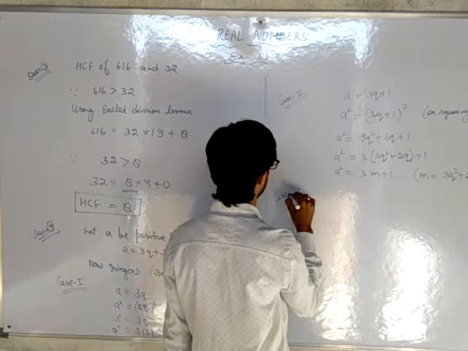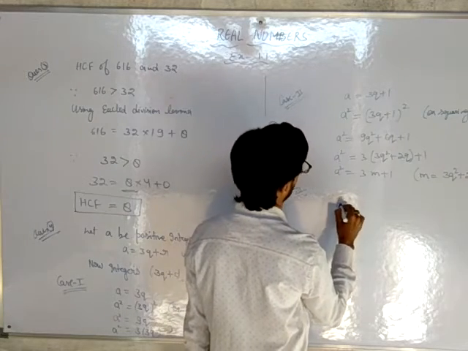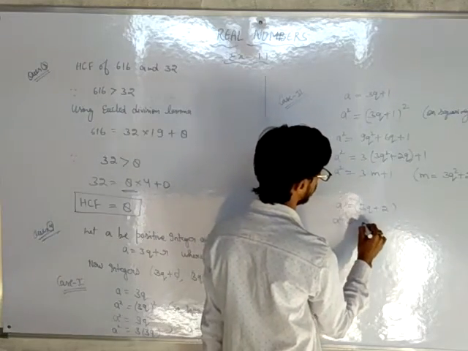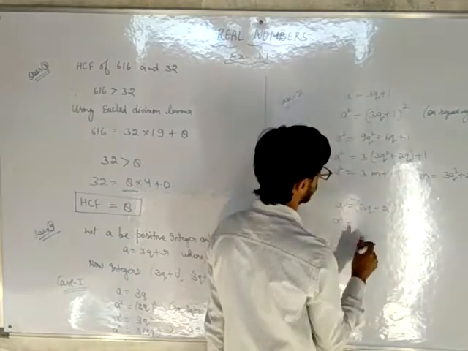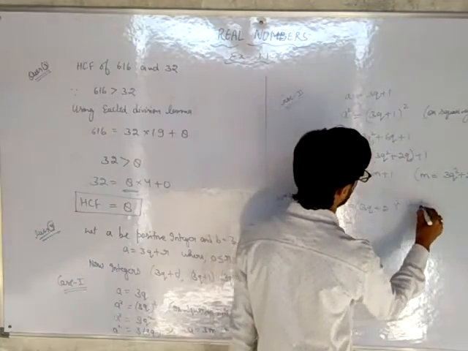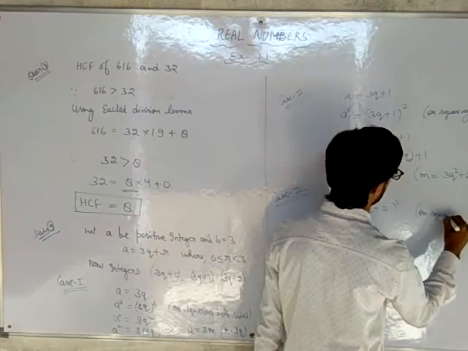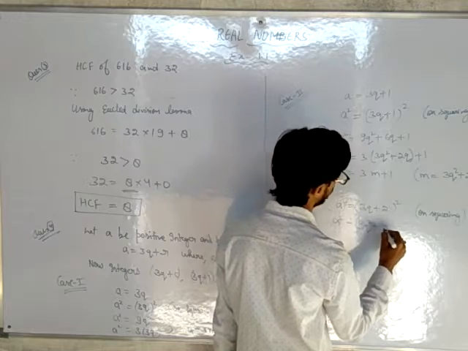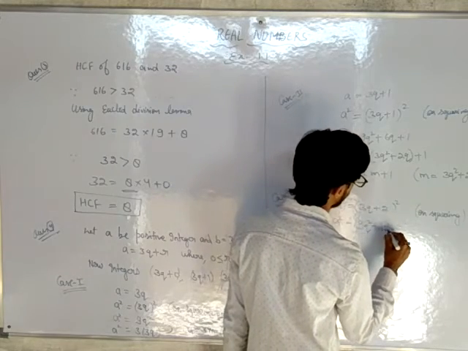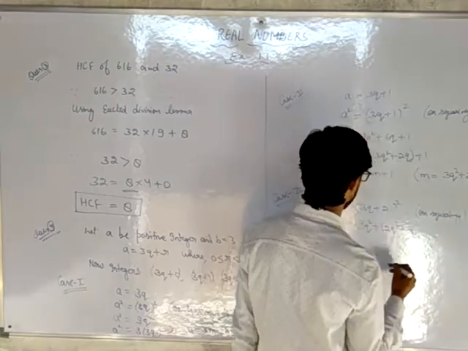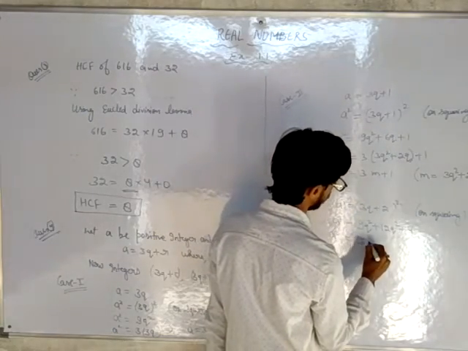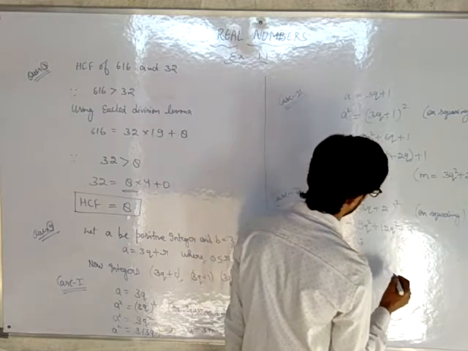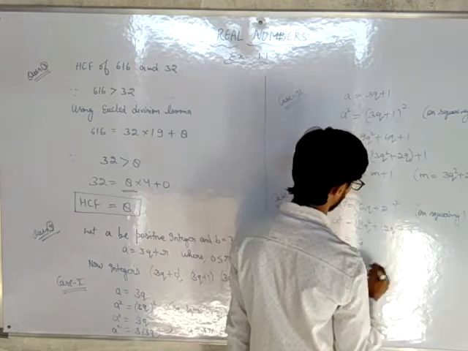Case 3. a is equal to 3q plus 2. Again on squaring both sides, a square is equal to 9q square plus 12q plus 4.